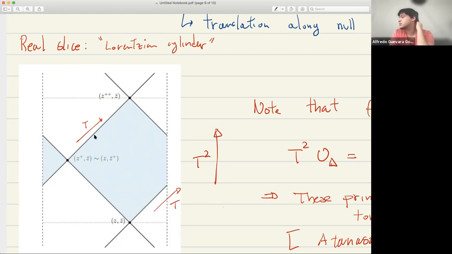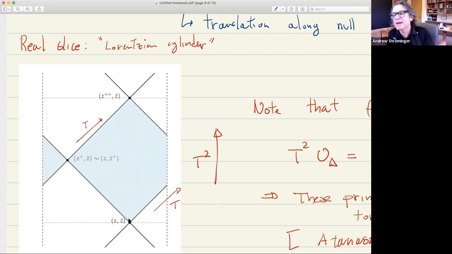Yeah, but in order to get the celestial torus, you actually need to identify. So the statement is the following. If you take Z bar constant and let Z go to infinity, you're not getting back to the starting point.